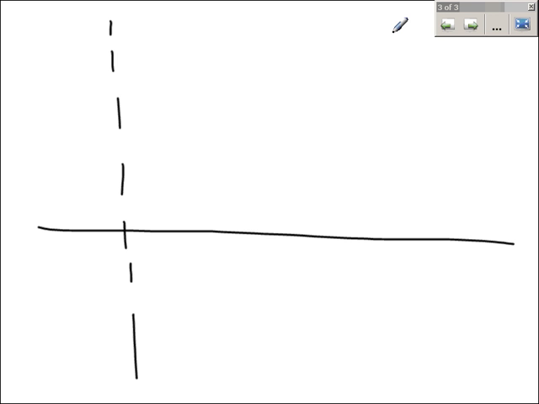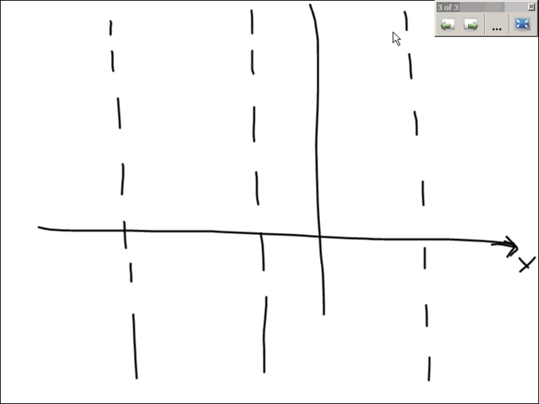Suppose you have these vertical asymptotes. Say 3 of them: 1, 2, and 3. And suppose the degree of the numerator was just 1 larger than the degree of the denominator. Here's the x-axis. So that's the case where you do long division. And here is the y-axis, and you did long division, and you get y is equal to x plus 2.